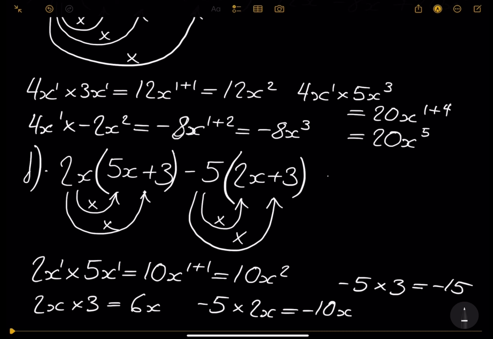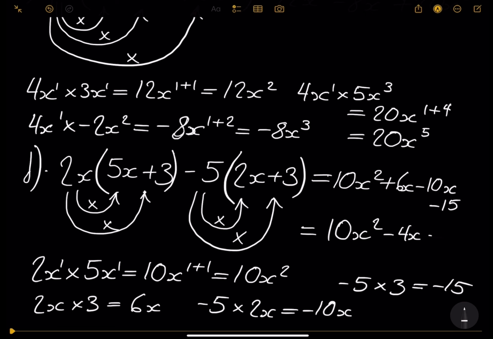So this will be equal to 10x squared plus 6x minus 10x minus 15. Okay, and then this simplifies. We can now subtract 10x from 6x, and this gives us 10x squared minus 4x minus 15.